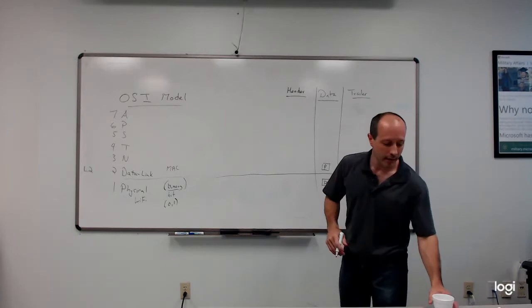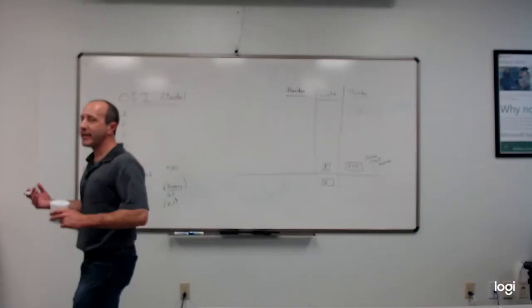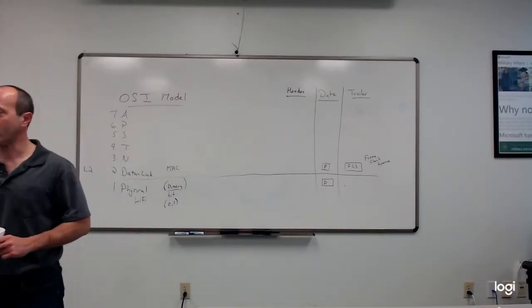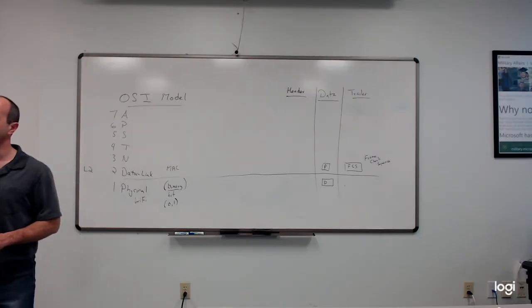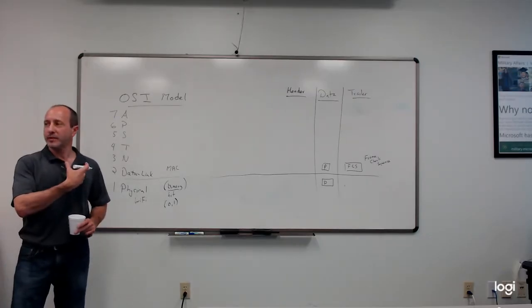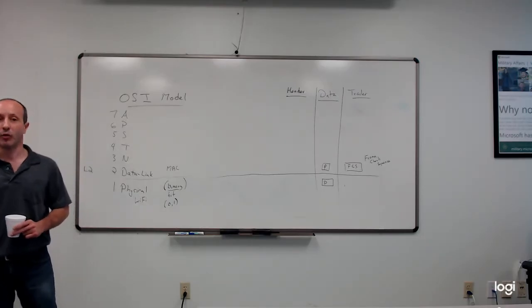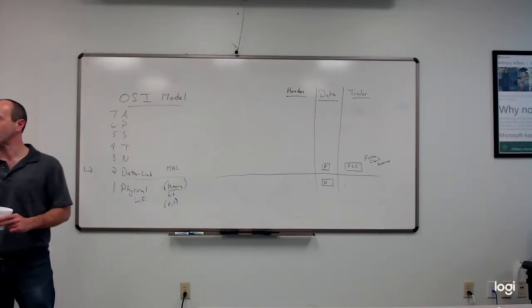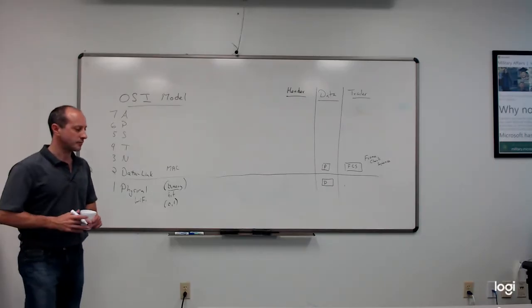Because when we send data from point A to point B, anything could happen. It's running over some electricity, so there can be interference. And if interference happens, that data that's been sent can get what we call corrupted, and it will basically crash and die. It won't get to where it needs to go.